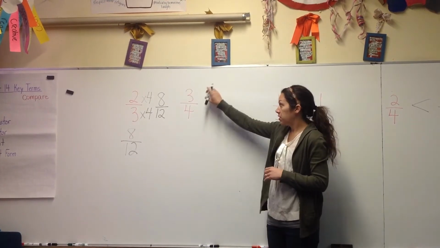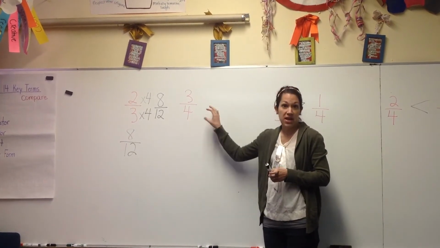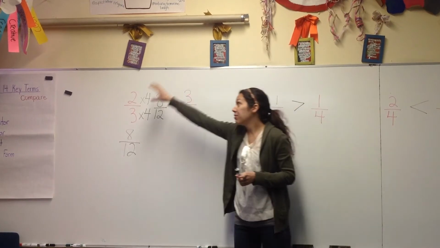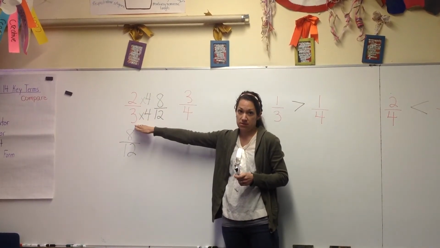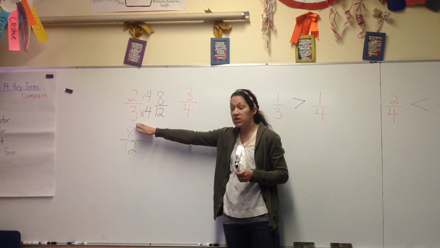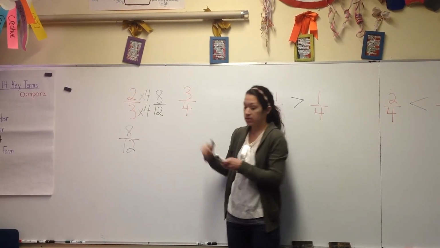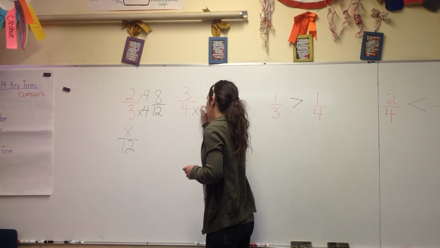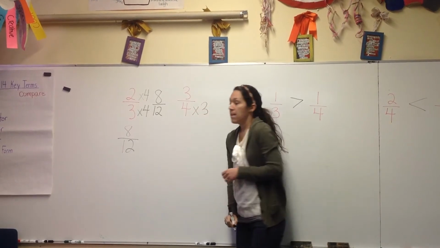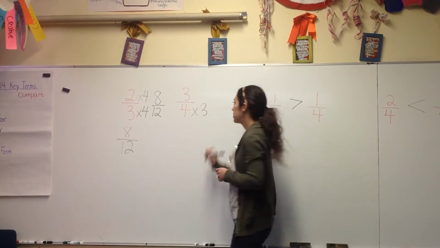This time, with 3/4, remember, I'm multiplying by the other fraction's denominator. So the other fraction is 2/3. I'm going to multiply 4 times 3. And 4 times 3 is 12.